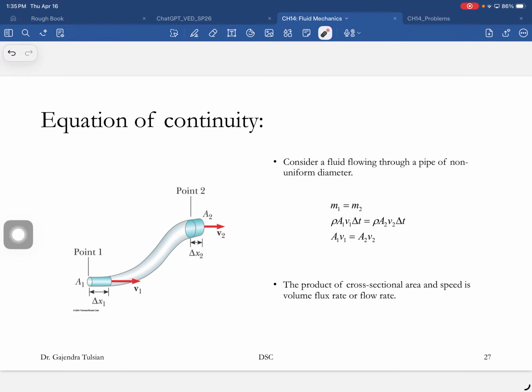When this thing rises, what happens to the speed? It decreases. Okay. All right. The speed didn't change.